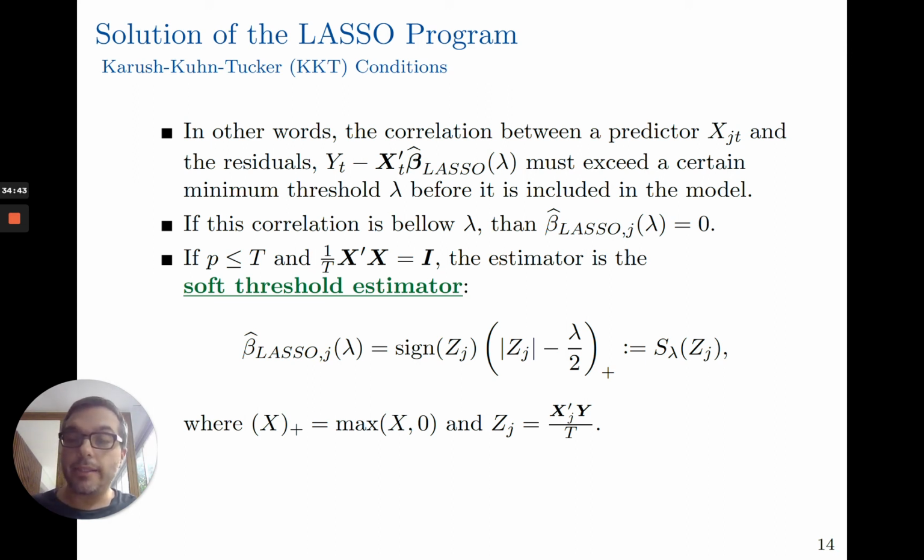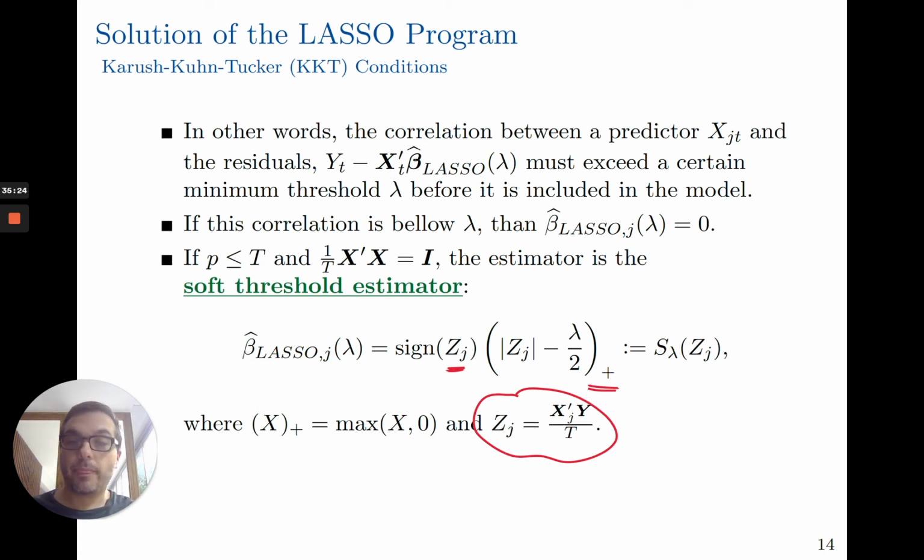Basically, beta hat lasso will be the sign function of zj, where zj is defined here, times, look at this notation, a plus sign here, the maximum between the absolute value of zj minus lambda over 2 and 0, and this is what we call the soft threshold estimator.